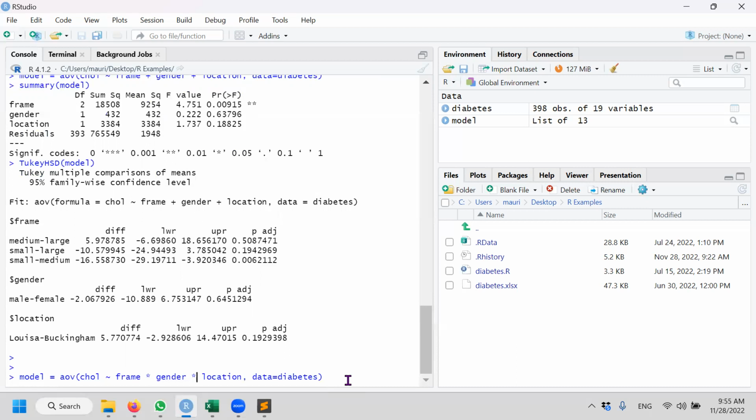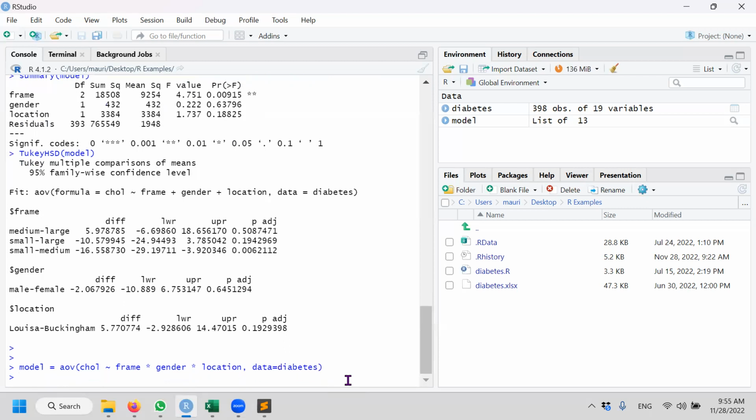So all these are interacting effects. We want to see how multiple variables work together. So that is where we have multiplicative model, and that gives us something more interesting.